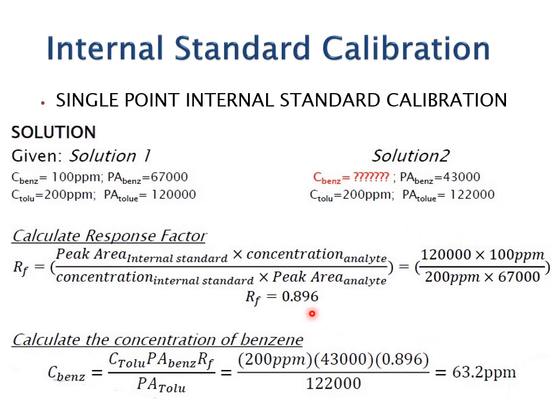So, dito nyo na siya makakompute. And then, times the RF factor divided by 122,000 na peak area ng toluene. And then, you'll get 63.2 ppm. So, yun na yung concentration ng benzene nyo.